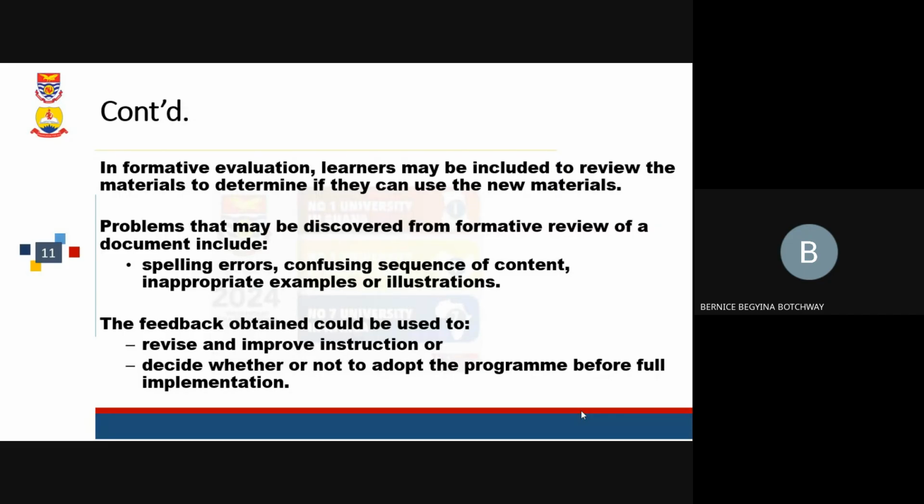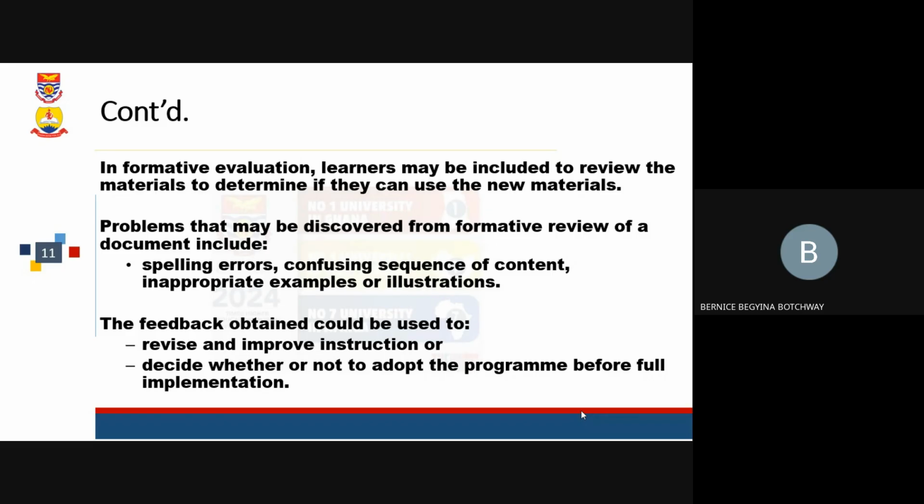Through this, when they are doing the formative evaluation, some of the things that they will discover are probably the spelling errors in some of the textbooks they gave us to use. When people are typing, we make mistakes, and although it goes through a lot of process, like someone will type it and another person will read to see if everything is okay, and then it's printed, sometimes when it comes to the field, you as an implementer see it, because we are the ones having that interaction with it.